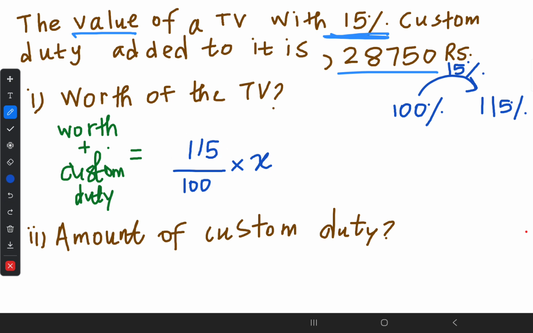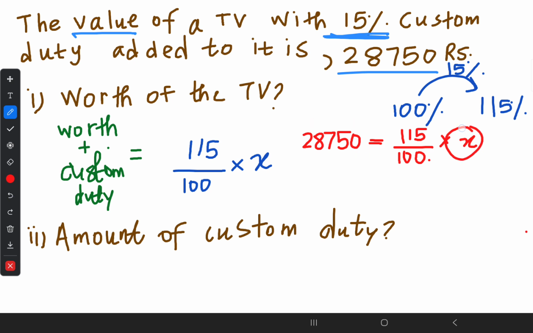So the worth plus custom duty of this TV is 28,750. The original price is 100 rupees, and after addition of the custom duty, it will be sold at 28,750.